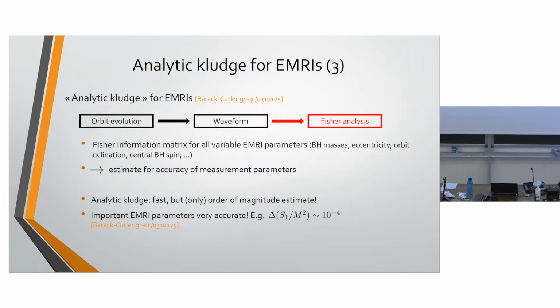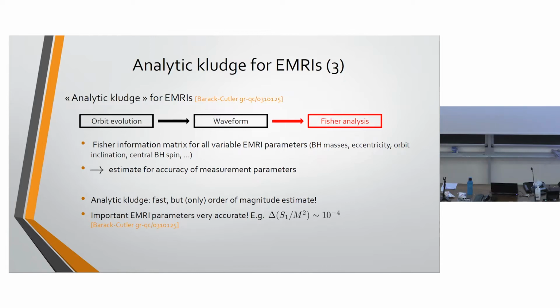And so what are we interested in? Things like black hole masses, right? The big and the small mass, the eccentricity of the orbit, the inclination of the orbit, the spin of the central black hole, right? All of these properties are things that you can extract from the waveform with some accuracy, right?